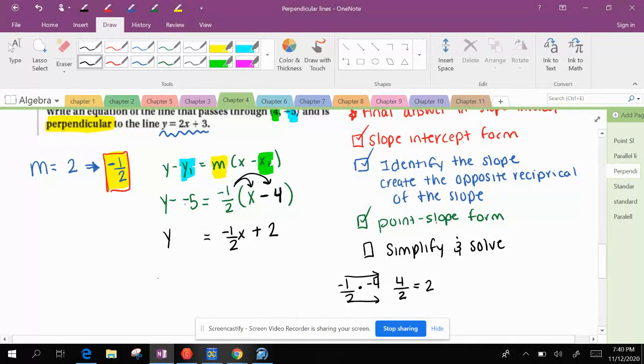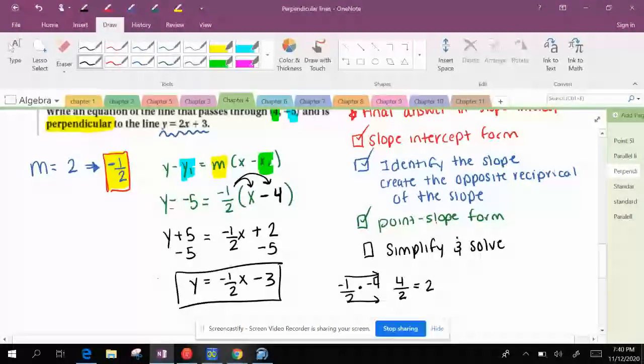Now on the other side of my equal sign, these two negatives next to each other keep bumping into each other and they make a positive sign. I combine my like terms by subtracting this 5 over. So now I have y equals negative half x minus 3. So this equation is perpendicular to the equation they gave me, y equals 2x plus 3.